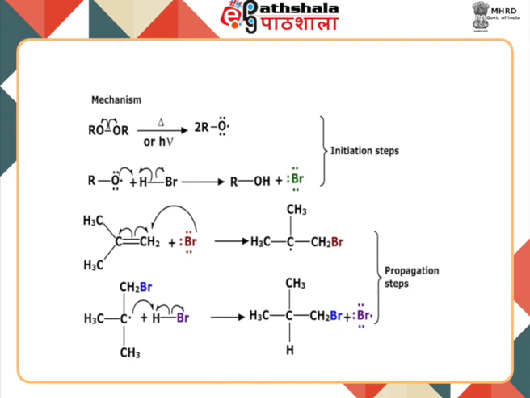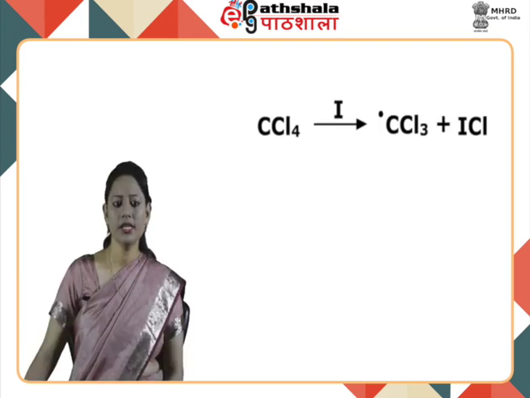propagates the reaction. Another example is the addition of CCl4 across the double bond of norbornene, that is bicyclo-2,2,1-heptene. CCl4 gives a CCl3 radical.